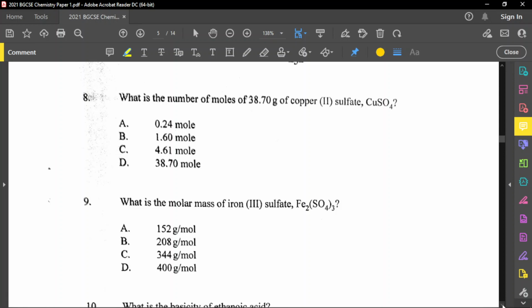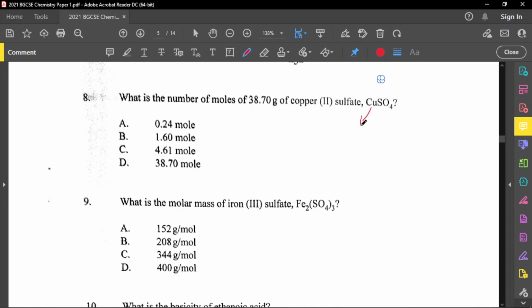Number 8. What is the number of moles of 38.70 grams of copper(II) sulfate? And to do this, the first thing to do is to find the mass number, because number of moles is equal to the mass given over the relative molecular mass of the compound, right? So to find the RMM of this, what you need is the mass number of copper.